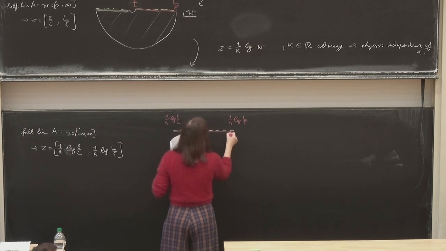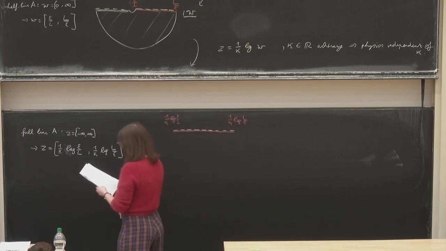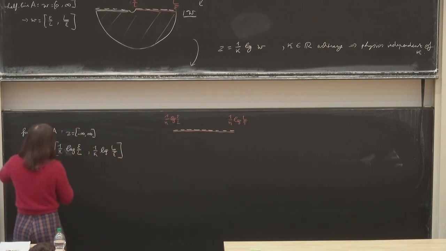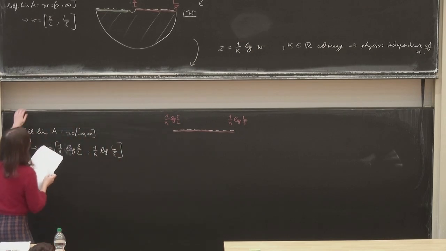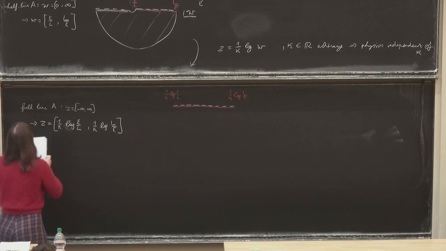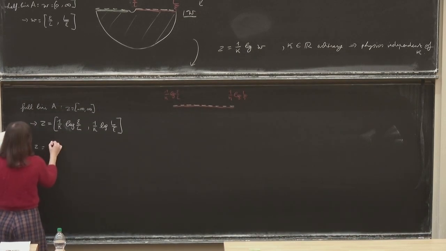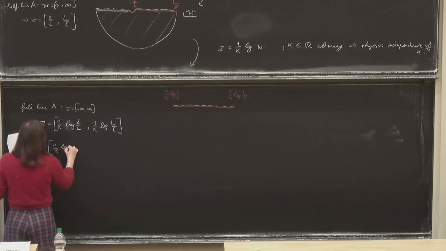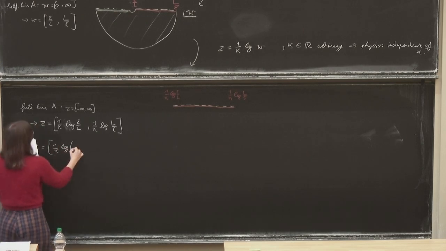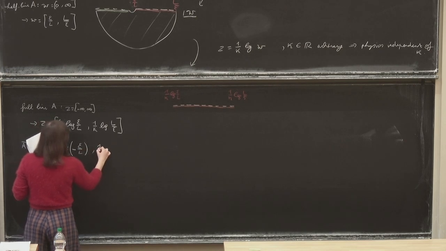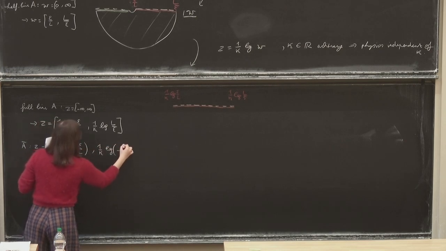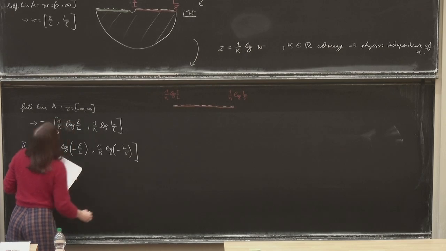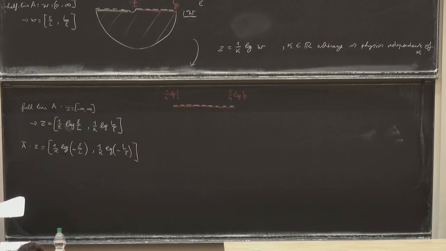Okay. What about region A bar? It runs from 1 over kappa the log of minus epsilon over L to 1 over kappa the log of minus L over epsilon. Now let me write the minus as e to the minus i pi.